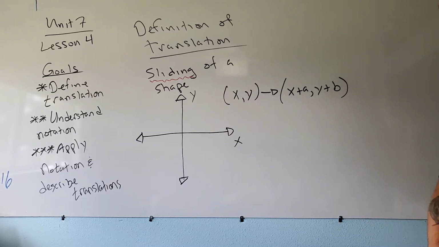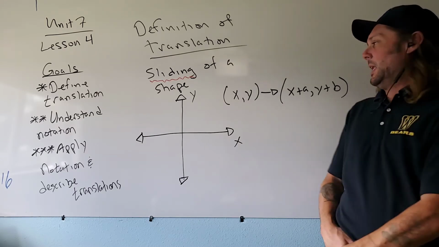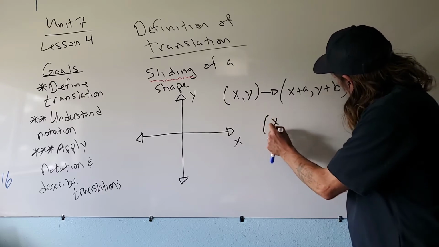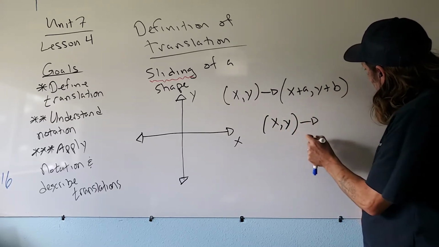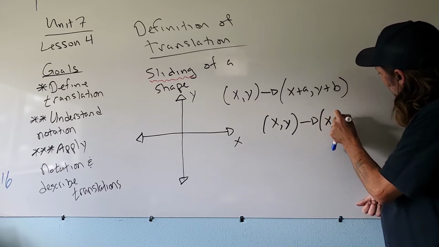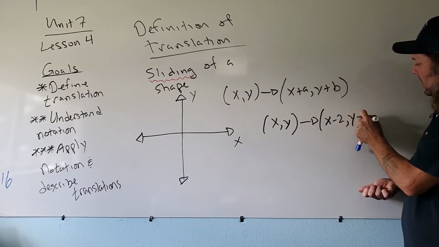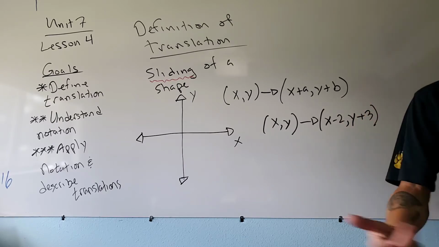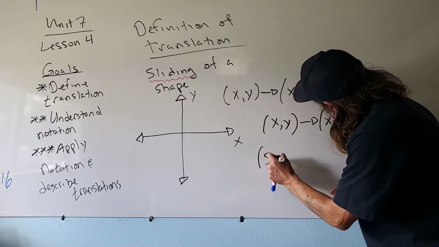So let's look at an example here. I'm going to write what we call a rule. A rule would look something like this. Whatever point you have, I want you to take that point and go 2 to the left and 3 up. So I might give you a point that looks like this: (5, 2).